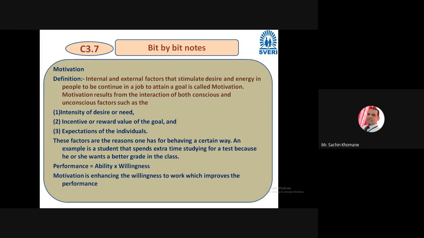So these are the factors: intensity of desire, intensity of need, incentive or reward, and expectation of the individual. These factors are the reason one behaves a certain way. An example is a student who spends extra time studying for a test because he or she wants a better grade in the class.